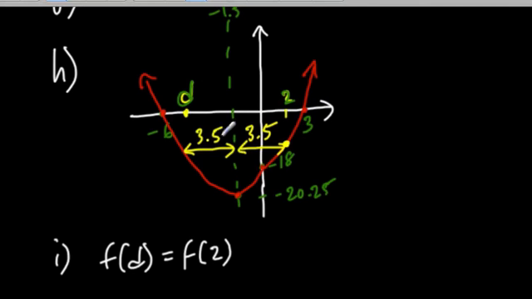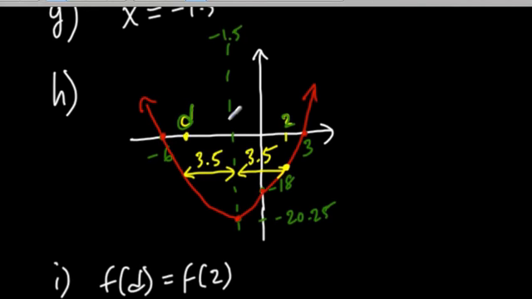Now d is a distance of 3.5 to the left of negative 1.5. So if I start at negative 1.5 and go a distance of 3.5 to the left, then this point must be negative 5. So d is equal to negative 5. I hope that makes sense, because the distance from negative 5 to negative 1.5 is 3.5, and the distance from negative 1.5 to 2 is also 3.5.